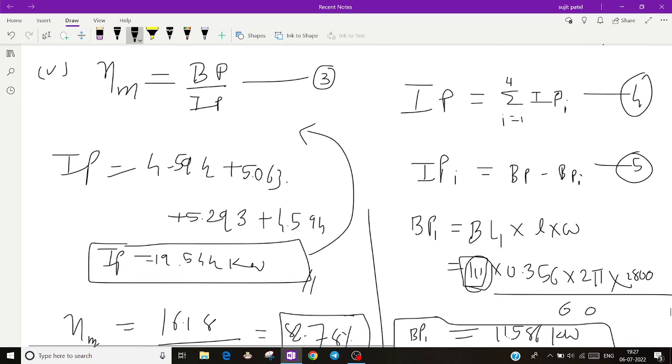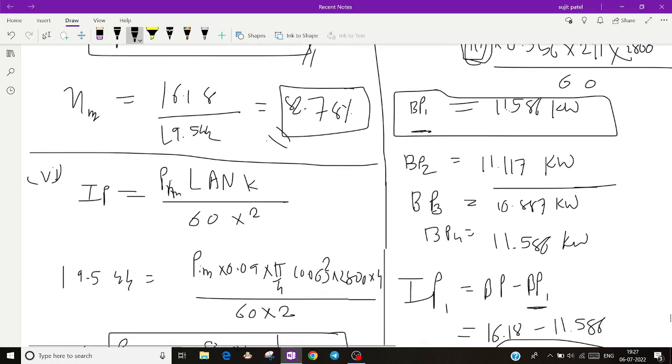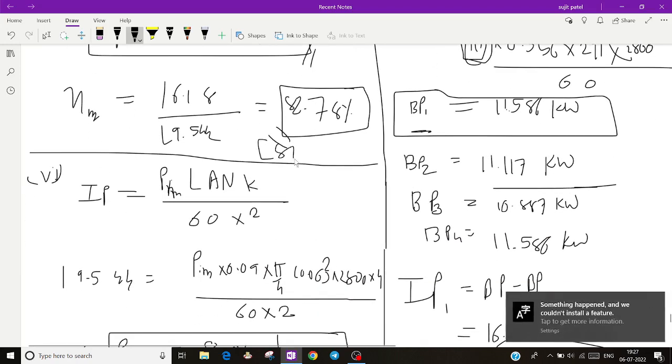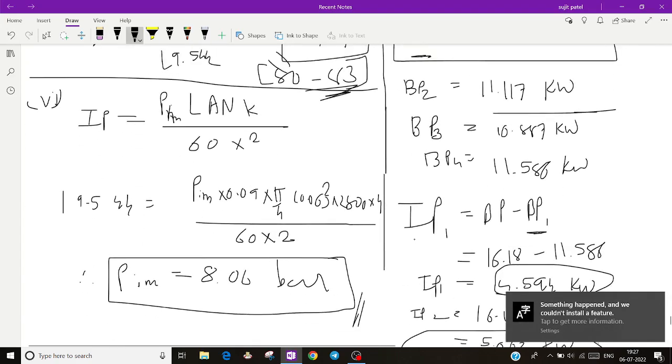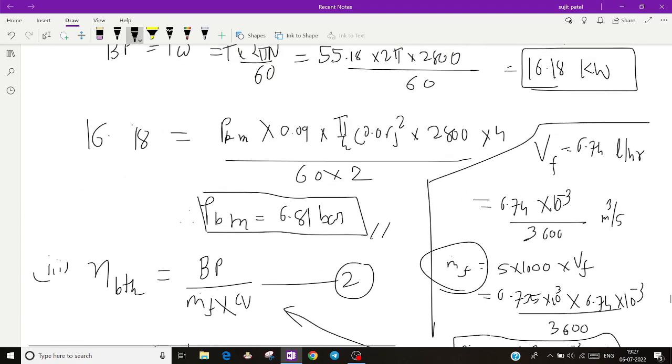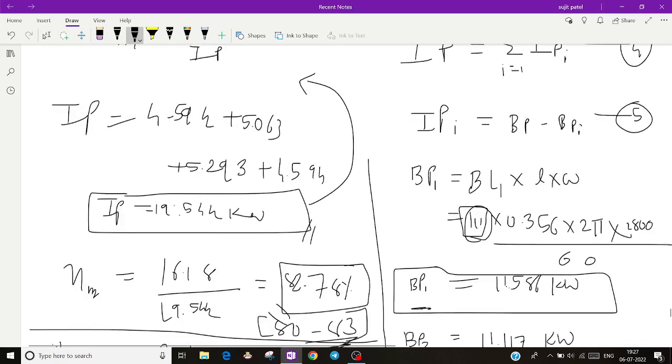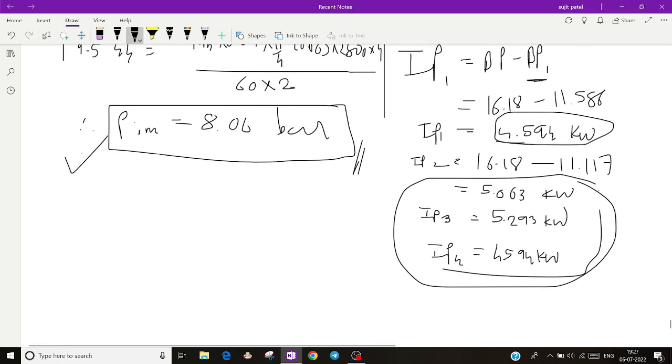Now second, if your mechanical efficiency is coming out 83%, then your answer is correct. That means your indicated power calculation as well as your brake power calculation is true. Now for checking mean effective pressure, brake mean effective pressure is 6.81 bar, and indicated mean effective pressure is always slightly higher, that is here 8.06 bar.